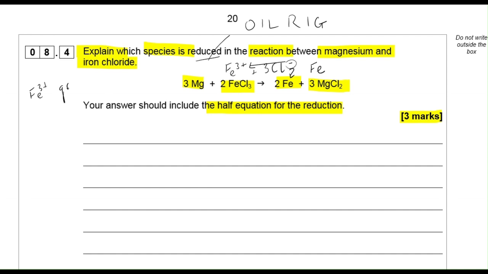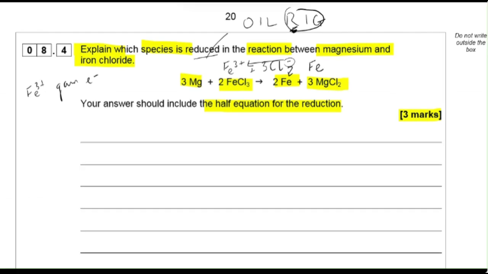So if we refer to OIL RIG, those ions are gaining electrons, so reduction is gain, so the iron 3+ ions have been reduced, and that's the species the question is asking us to talk about. Species is nothing to do with biology or anything like that. It's just to do with atoms, ions, molecules, chemicals. They're often referred to as species.